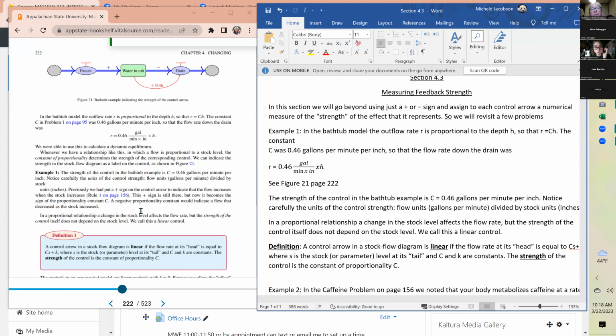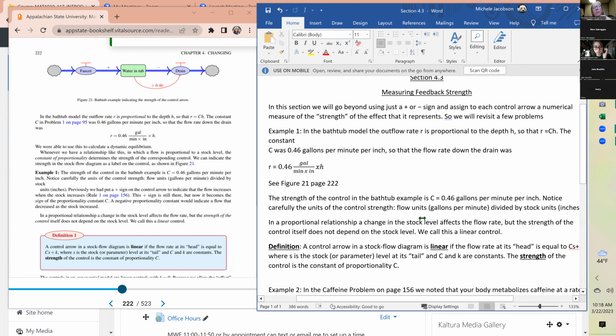And this is page 22. The strength of the control in the bathtub example is 0.46 gallons per minute per inch. Notice carefully the units of the control strength, flow units, right here is 0.46.